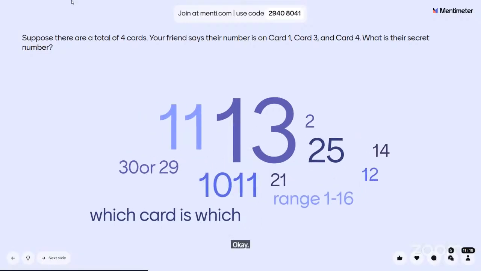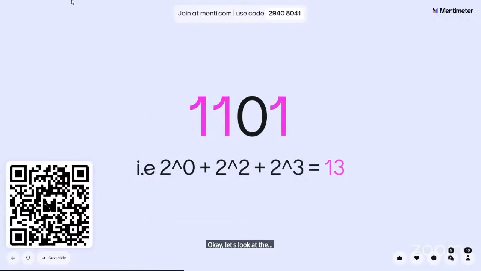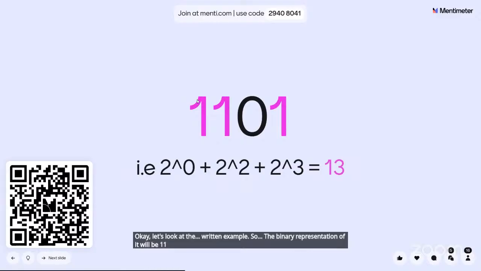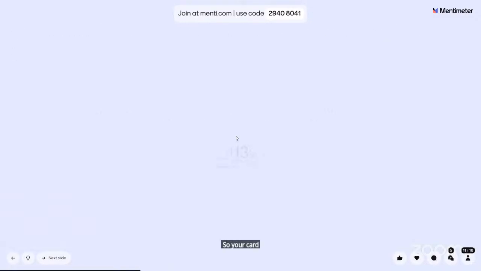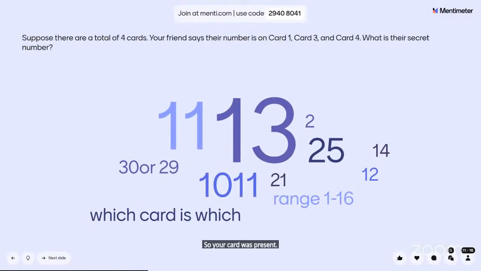Okay, let's look at the written example. The binary representation of it will be 1101. So your card was present on the fourth card, your card was present on the third card, and your card was present on the first card.